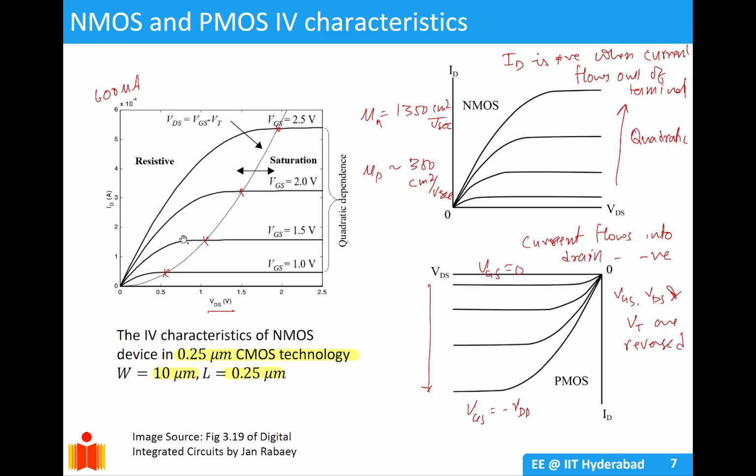Now for an NMOS device, you see that your VDS is positive and your ID is also positive, so it works in the first quadrant, where V and I both are positive. And as you increase your VG, your current increases.